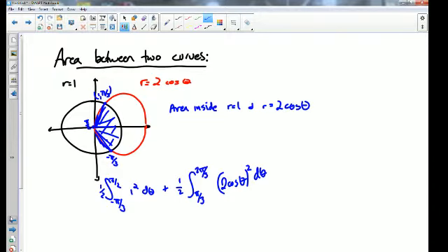So how did you get to do pi over 3? I'm looking at the intersections. On the circle r equals 1, 0 is here, correct? So if I go from 0 to pi over 3, but if I go from here and want to sweep up, that's negative pi over 3.